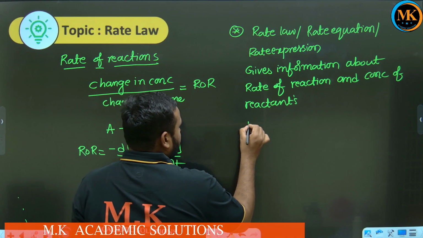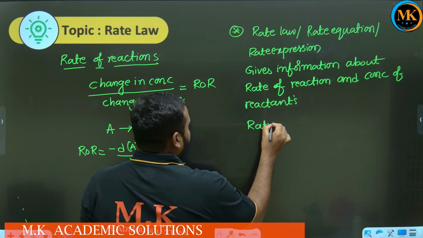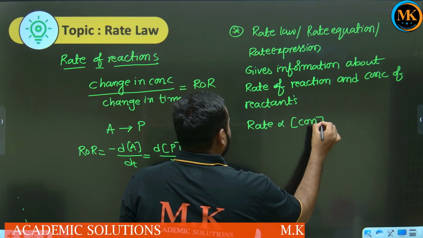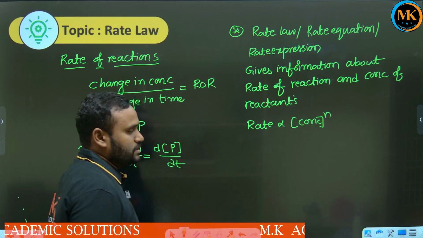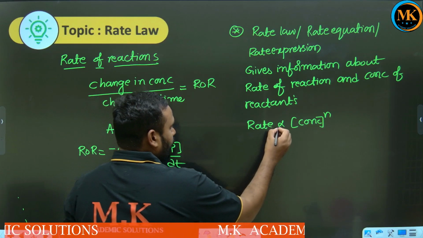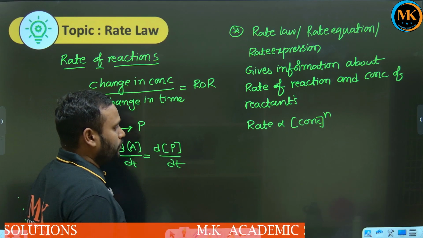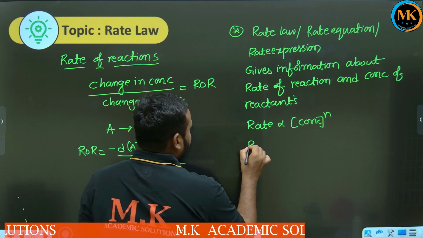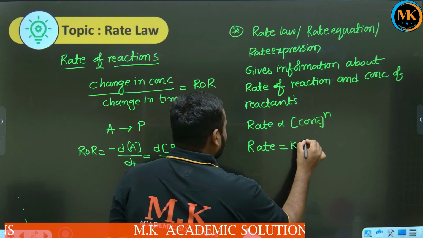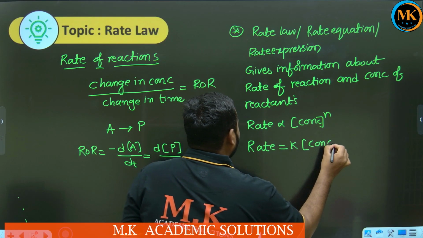According to the rate law, rate of reaction is directly proportional to concentration to the power n. To remove this proportionality, we keep a constant, k. So rate equals k into concentration to the power n.